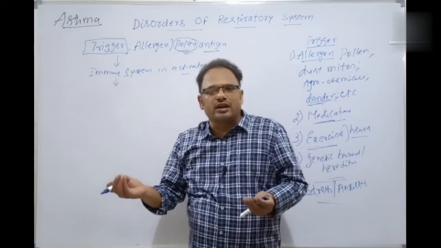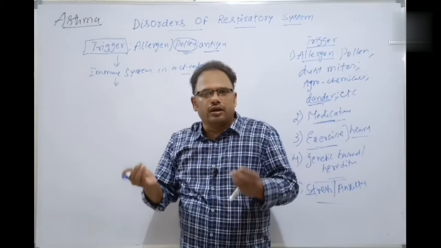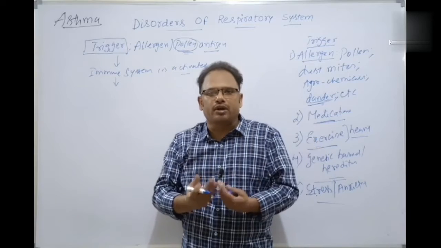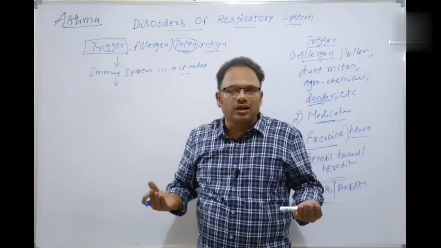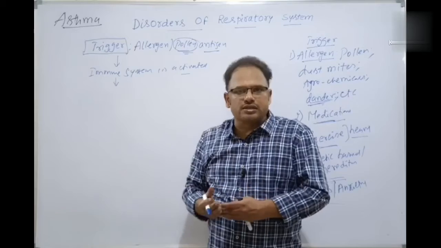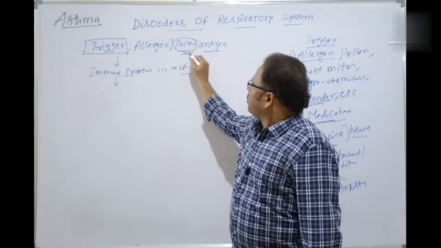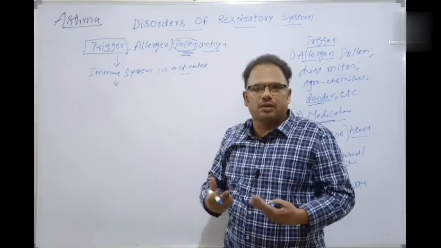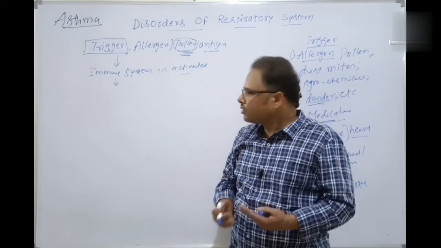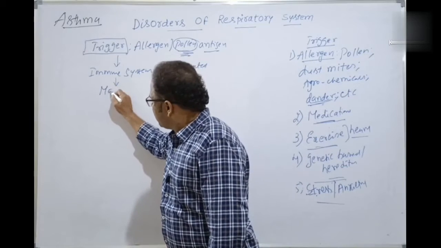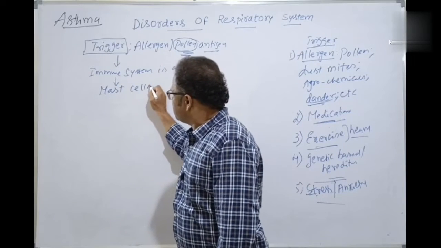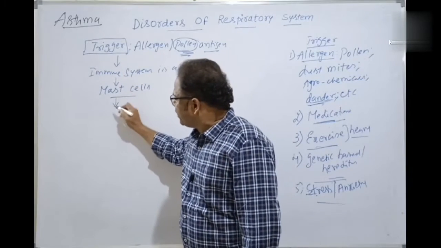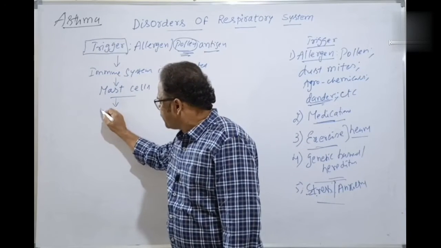Example, if a terrorist is crossing the India-Pakistan border and entering into India, all the defense personnel, paramilitary, all these people are activated to kill these terrorists, isn't it? In the same way, the terrorist here called pollen is entering the human body. So all the defense mechanisms, the immune system, is activated, and activation, for example, of mast cells present in areolar tissue. When the mast cells are activated, the mast cells release histamine.